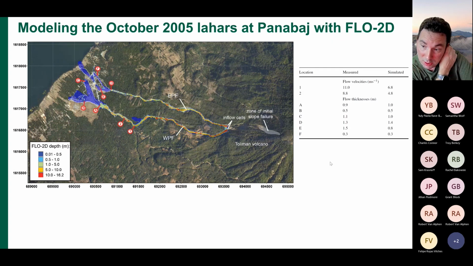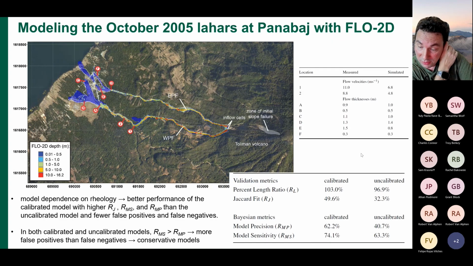And we ended up comparing different things there, mostly the flow thicknesses, velocities, and then we also ran some simulations with a model called Flo-2D to end up with some validation metrics and Bayesian metrics that I mentioned before.